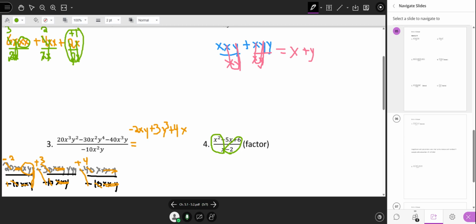X x divided by x leaves x. Positive 6 divided by negative 2 is minus 3. I love that shortcut.